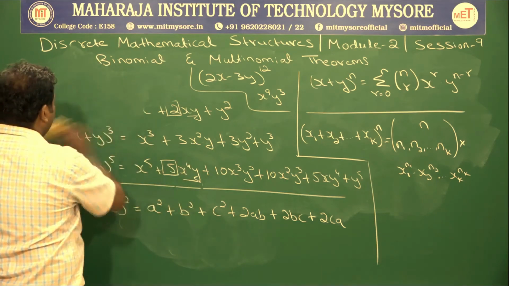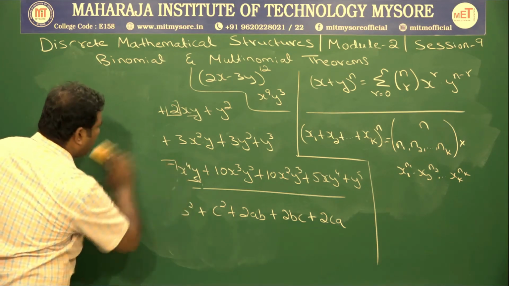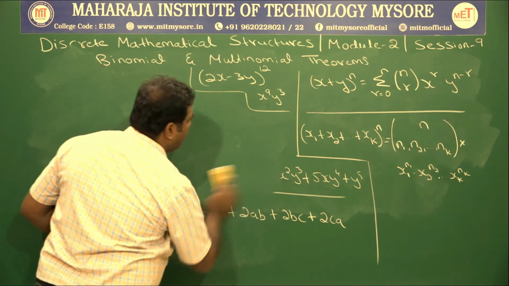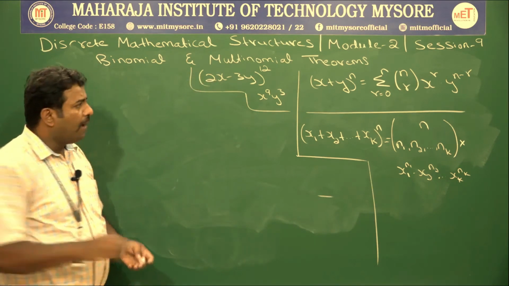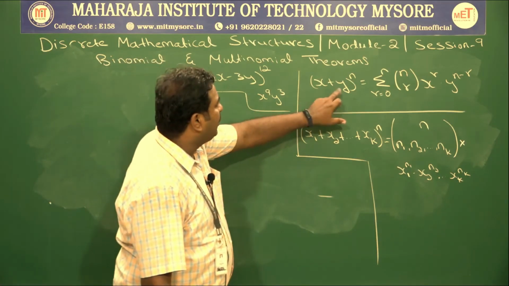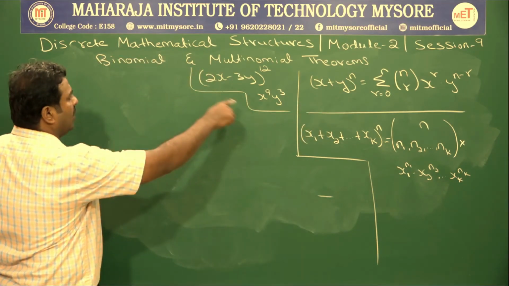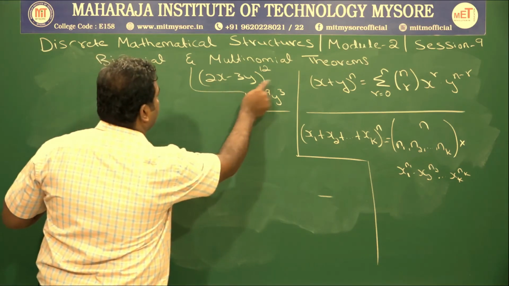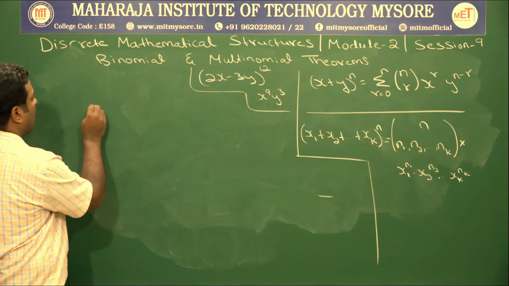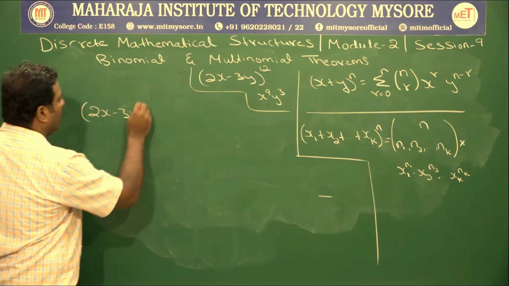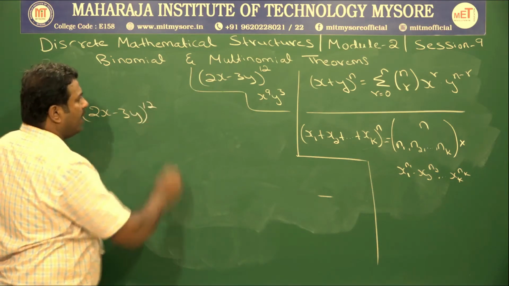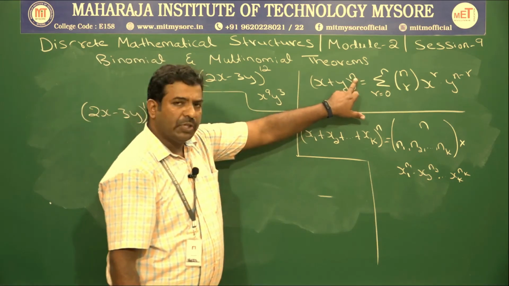Fine. So now in this given problem, x plus y to the n is going to be 2x minus 3y whole to the power of 12. Hence the value of n is going to be 12.